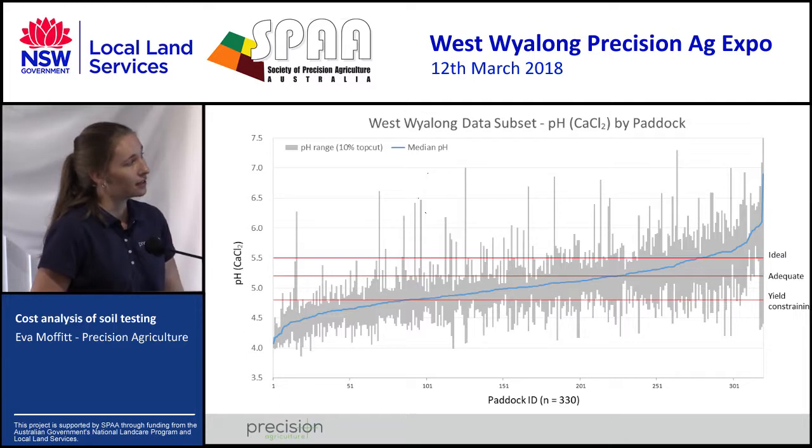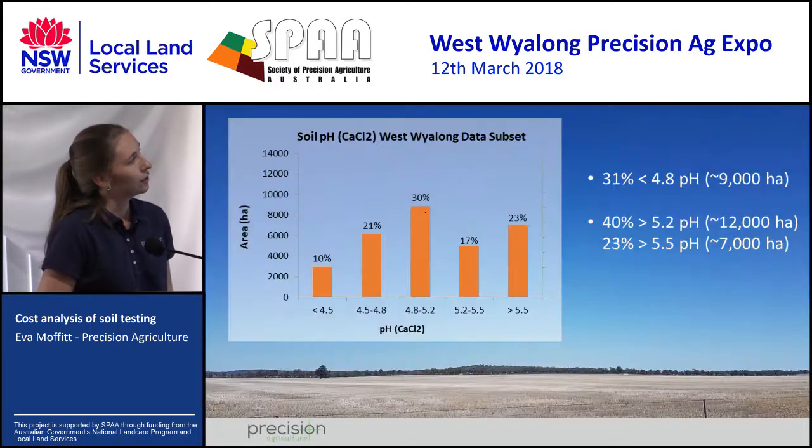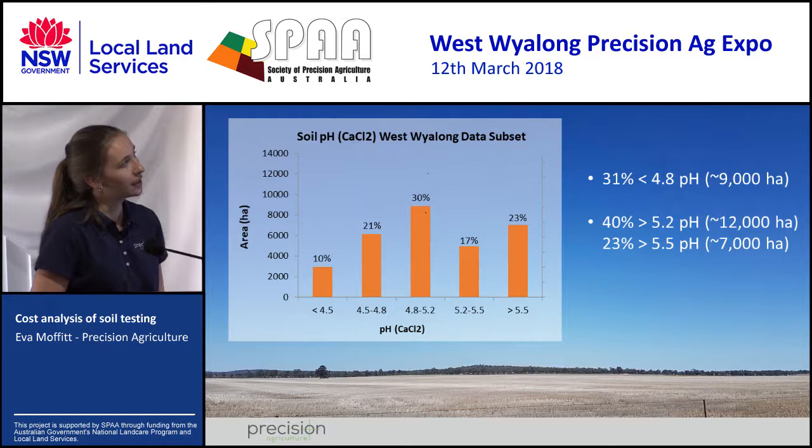As a sort of average across the whole data set, we're seeing at least about a half unit of pH difference in every paddock. And then just to graph this data in a little bit different manner, here we've got a histogram, so it's got our bins. 23% of the data was above 5.5 pH, and then we had 31% below 4.8, so that's 21 plus our 10.